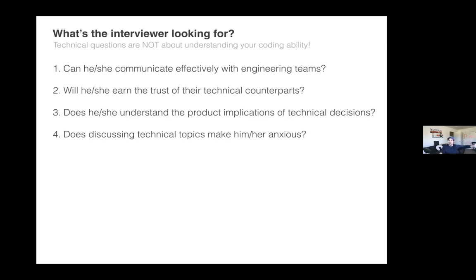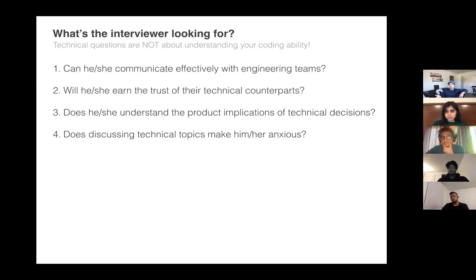That's not the point. That's not what you're going to do on the job. It's asking you something technical to see how you discuss and communicate around those topics, with the intent of figuring out if we put Manas or Disha or Alex on the job, are they going to be able to work effectively with our engineering team?